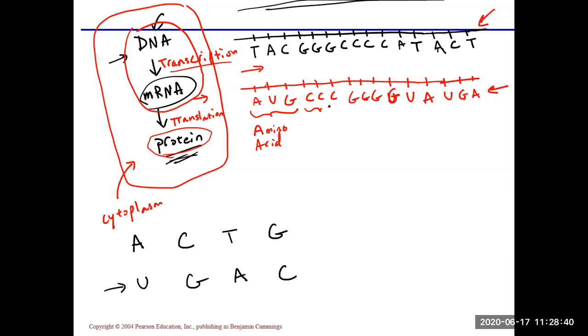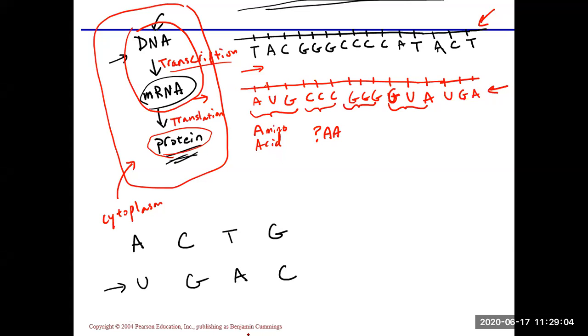These three code for another amino acid. These three code for another, etc. So the protein is a combination of these amino acids. So all I have to do is figure out what amino acids are in here. For that, I need to look it up.